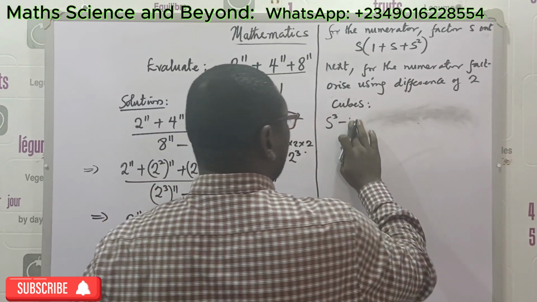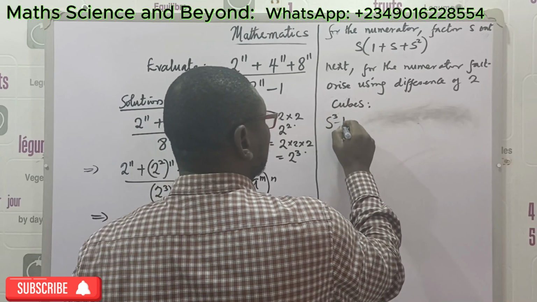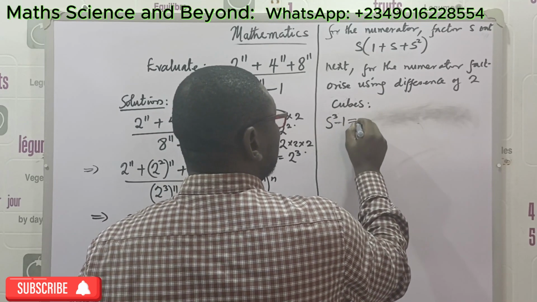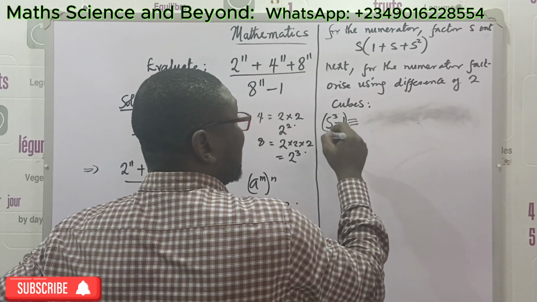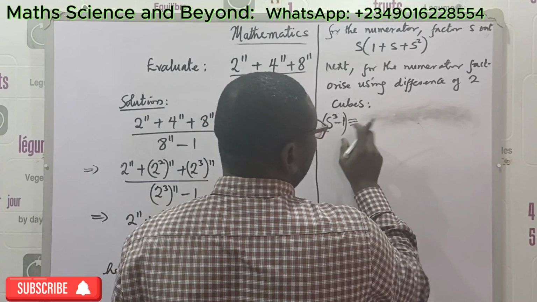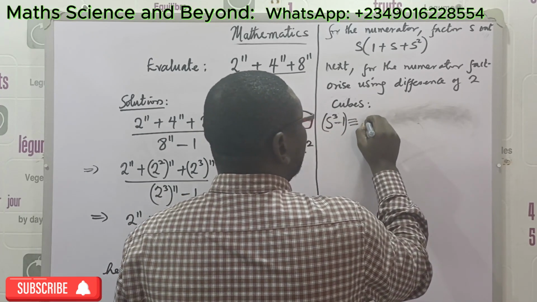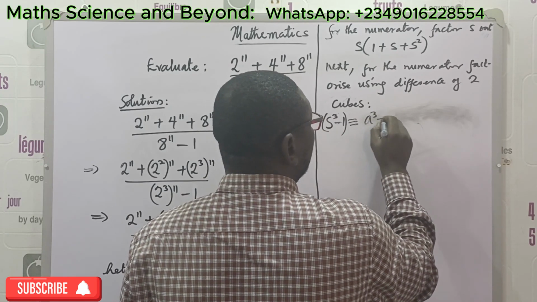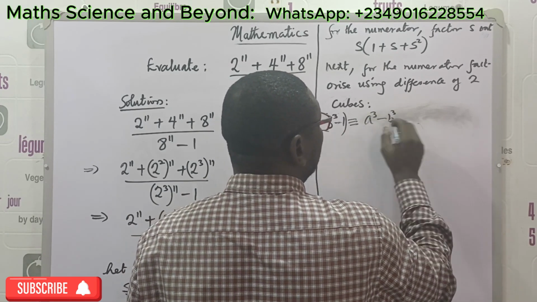So this is going to be equivalent to a cubed minus b cubed.